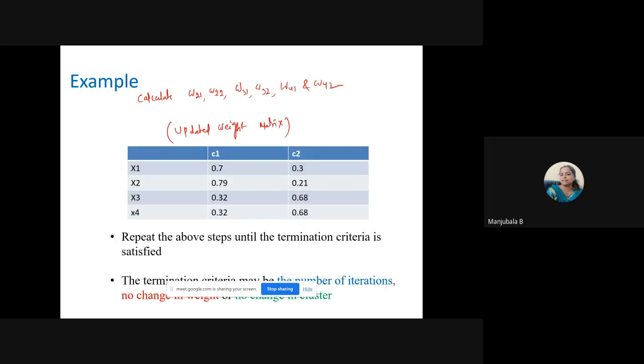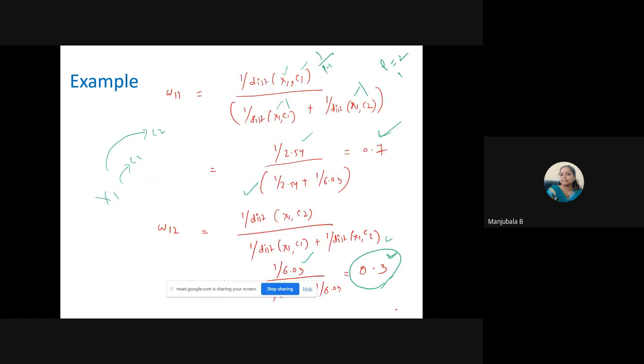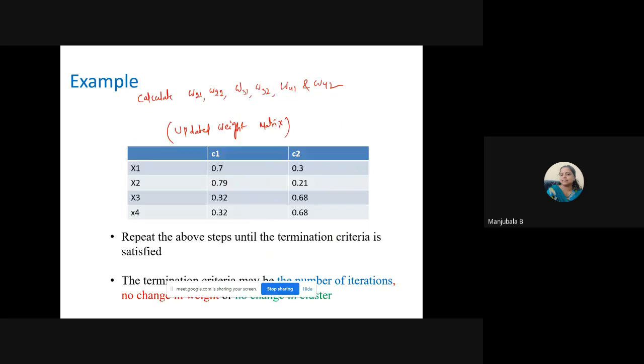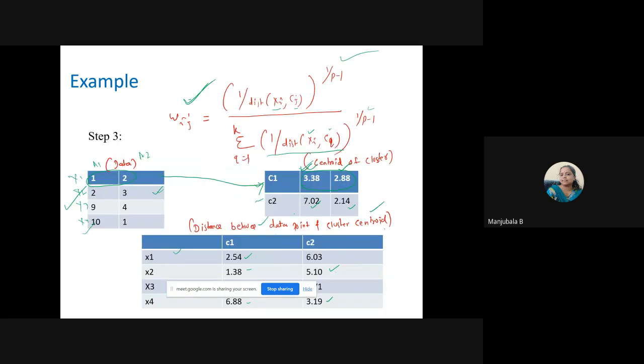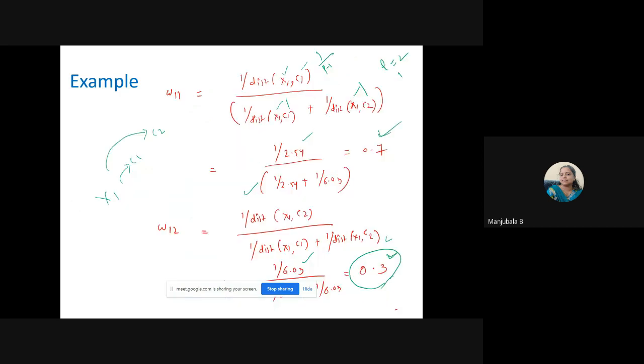Similarly, we have calculated W11 and W12. Now we have to calculate W21 and W22 for the point x2, W31 and W32 for the point x3, and W41 and W42 for the point x4 by using the same formula. The distance value is different because the distance between every point and the individual cluster is there in this distance matrix.